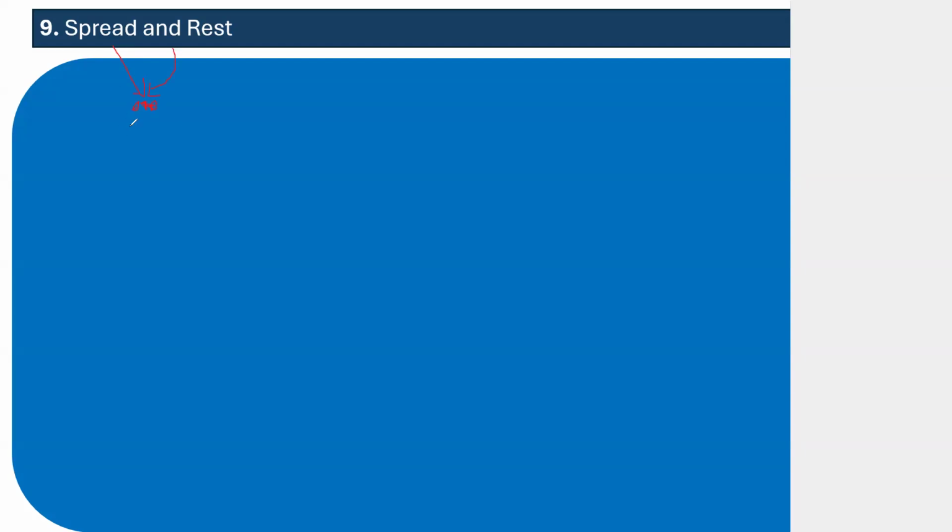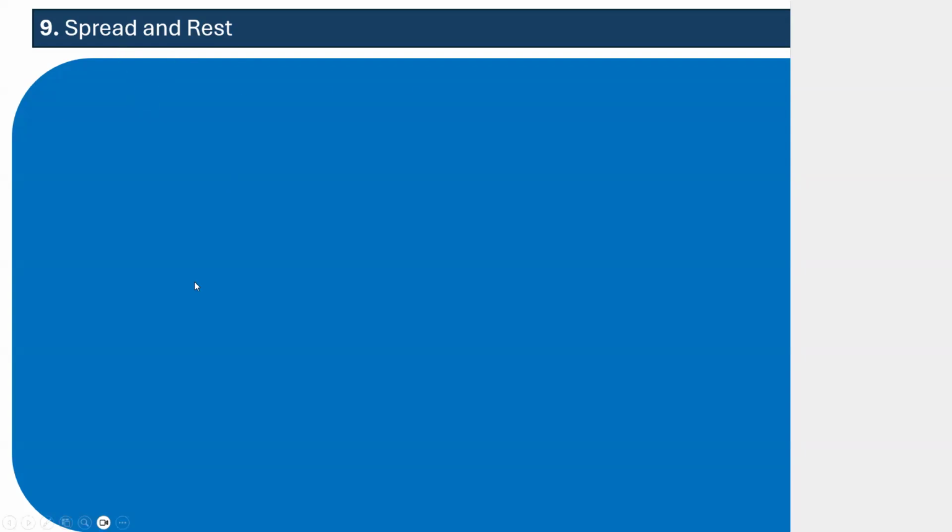Spread is used to merge the 2 arrays, right? And rest takes multiple arguments. Yes, nice.